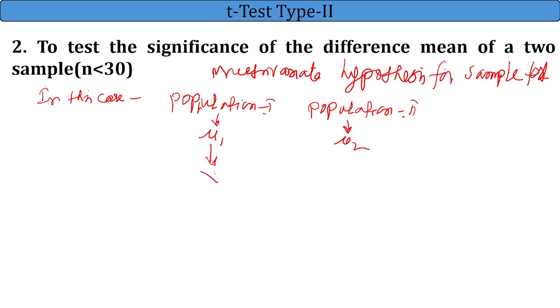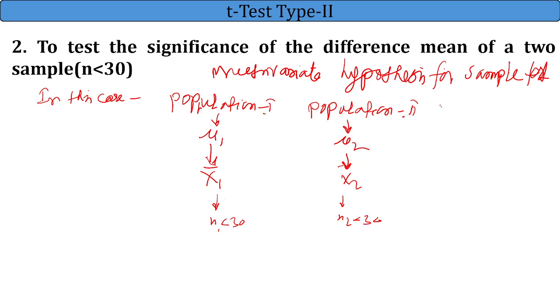We'll take some samples, x1 bar and x2 bar, with sizes less than 30. And n1 and n2 need not be the same. Either they can be different or they can be the same. That is not much of an issue in this case.